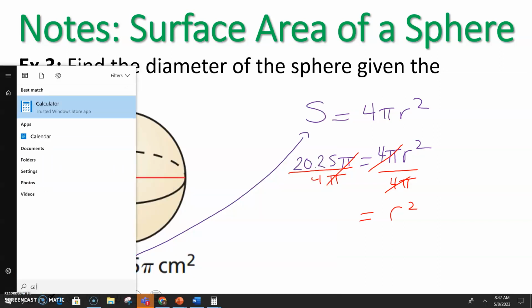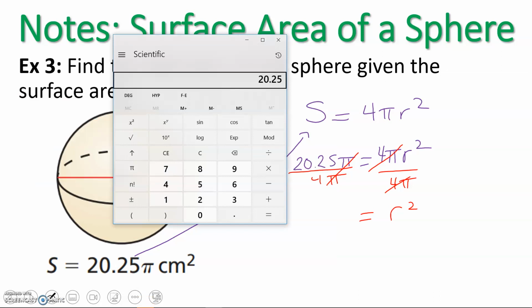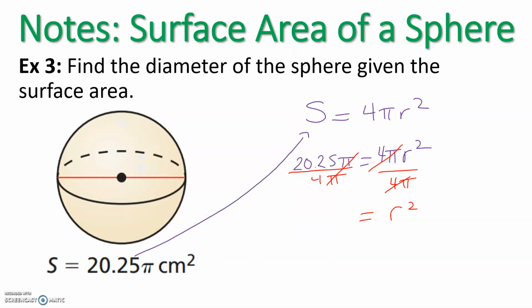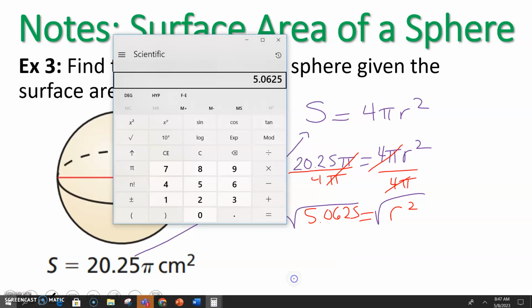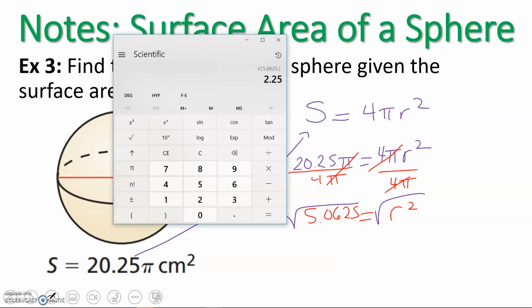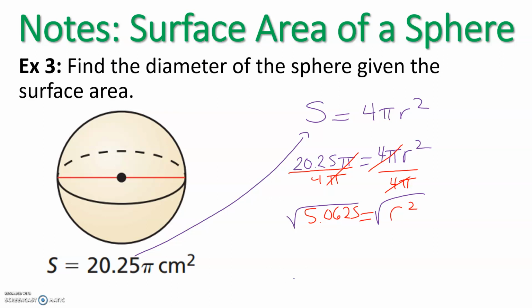We have here 20.25 divided by 4, which is 5.0625. In order to isolate the radius, we must get rid of the square, so we square root both sides of the equation. Going back to our calculator, we square root, and we see that the radius is 2.25.